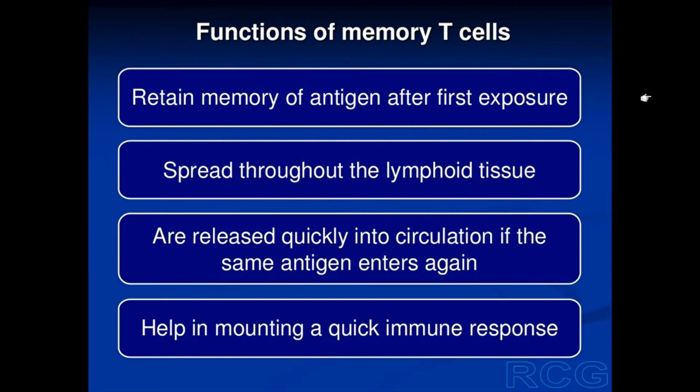That means when there is exposure to the same antigen, the secondary response takes place, and in this a higher amount of antibodies gets activated, and the memory T cells are activated so highly, and they help in relief from the antigen and help in mounting a quick immune response.